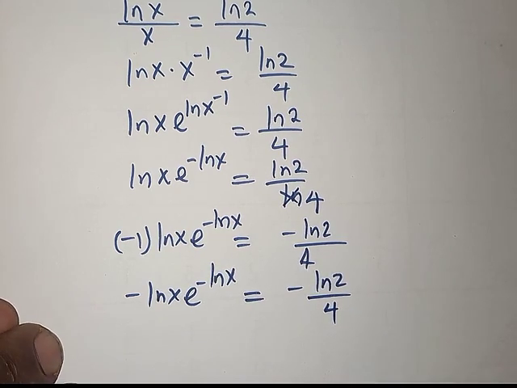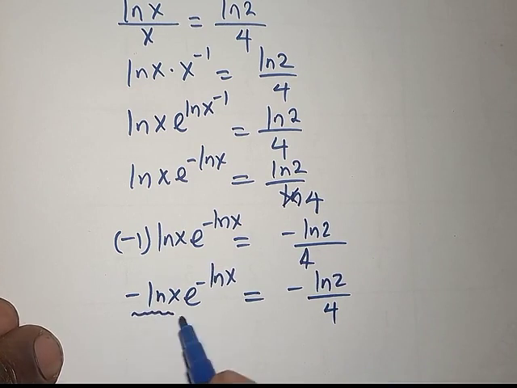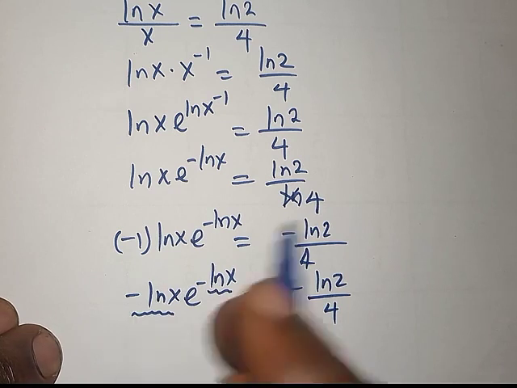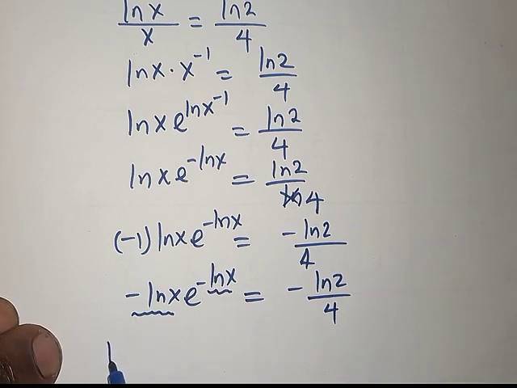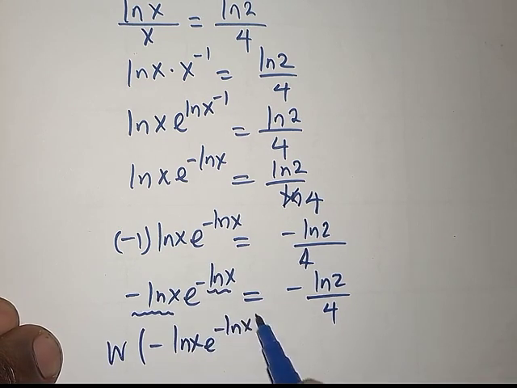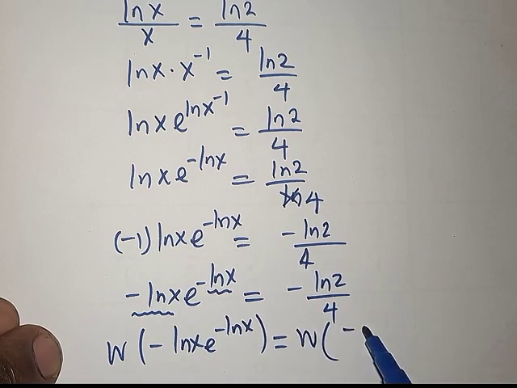Now we are having the same thing here. So before that, let's take the W function of both sides: W of minus ln x e to the minus ln x, equals W of minus ln 2 over 4.